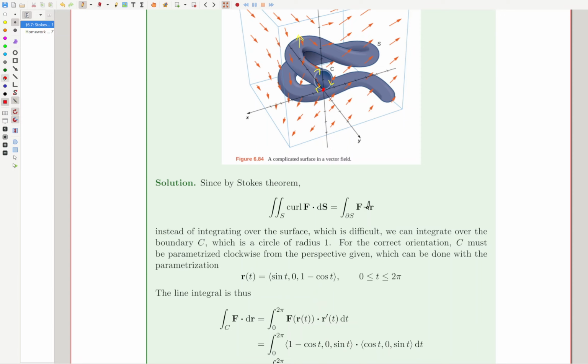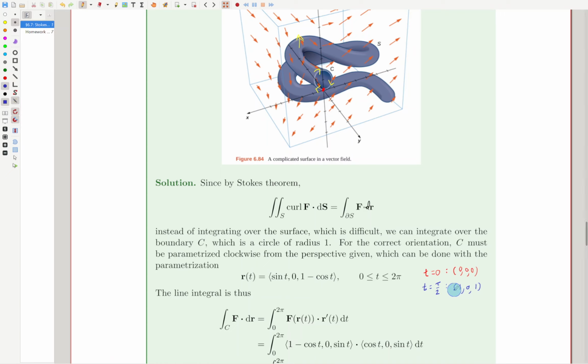Okay, so t equals 0 is going to be red. And then I'll make blue t equals pi over 2. Okay, and at pi over 2, if we plug that in, we'll get the value 1 comma 0 comma, and then cosine at pi over 2 is 0, so it's 1.